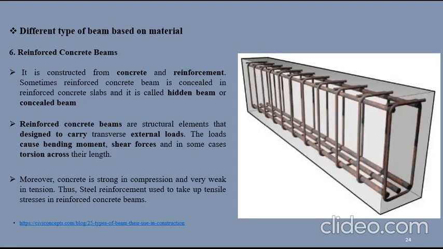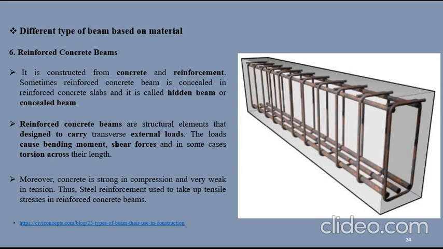Different types of beam based on the material. Reinforced concrete beam is constructed from concrete and reinforcement. Sometimes a reinforced concrete beam is concealed in the reinforced concrete slab, and it is called a hidden beam or concealed beam. Reinforced concrete beams are structural elements designed to carry external load.